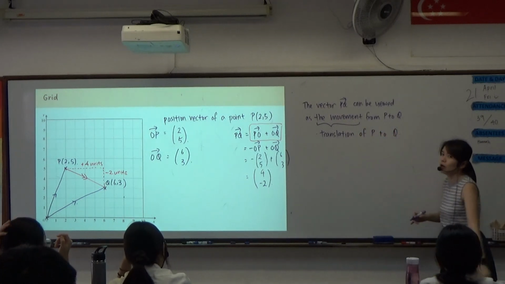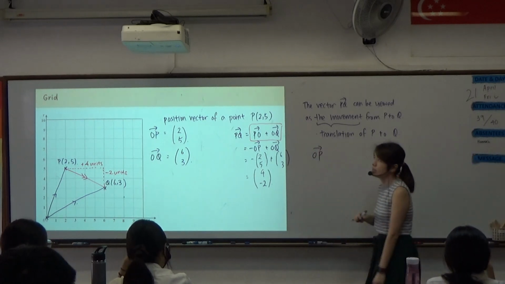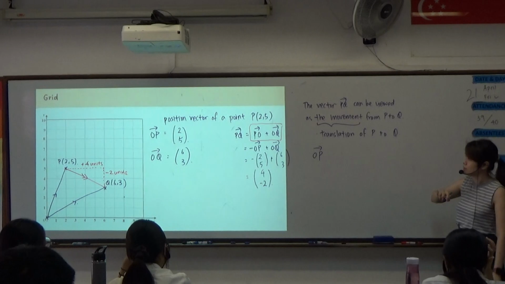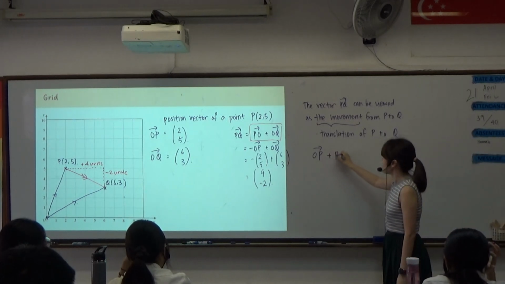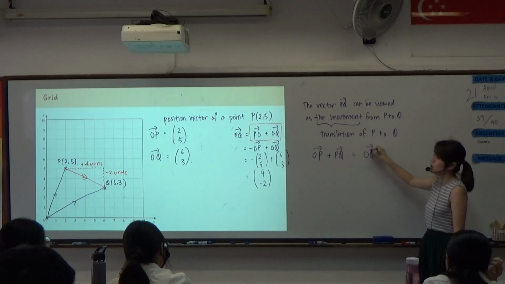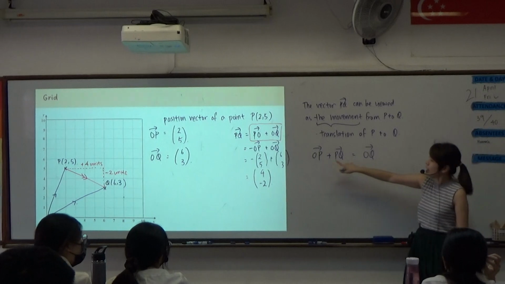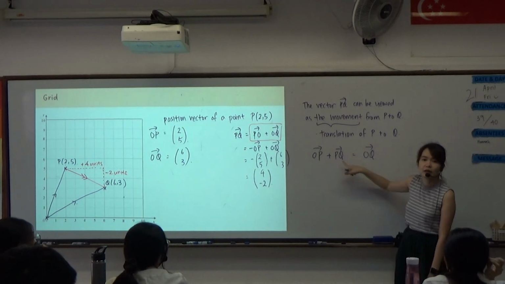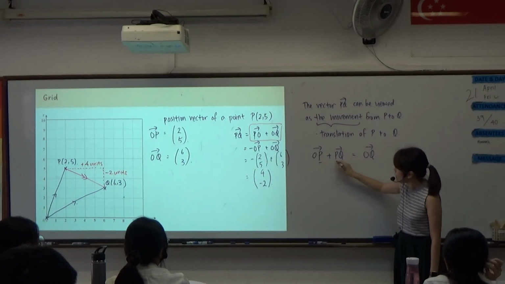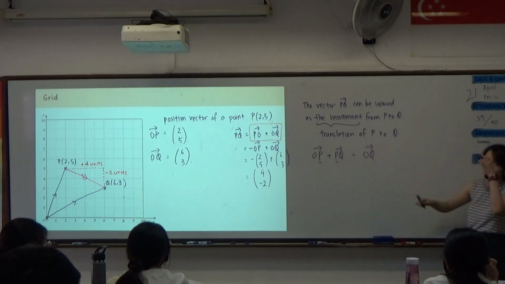That means that from the original OP itself, which is the position vector of the point P, when I apply my vector PQ, it will eventually give me OQ, whereby I move P to Q itself. And this satisfies our understanding about vector addition, whereby OP plus PQ, the center being the same, does give us OQ.